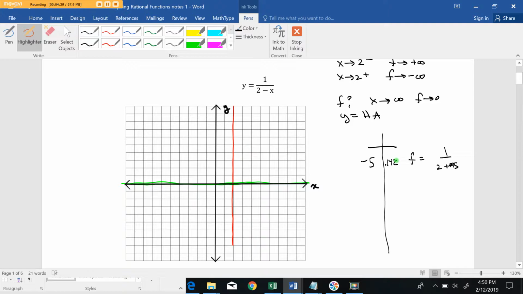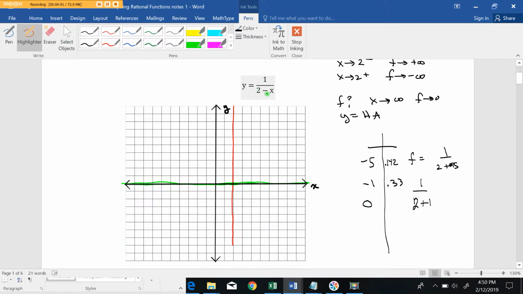Let's take a look at -1. We're going to have 1 over 2 minus a minus 1. That's 2 plus 1, so that's 1 over 3, 0.33. Let's put in 0.